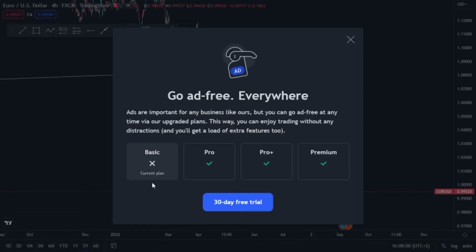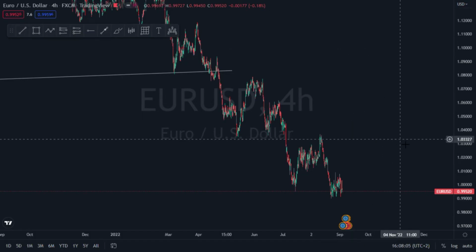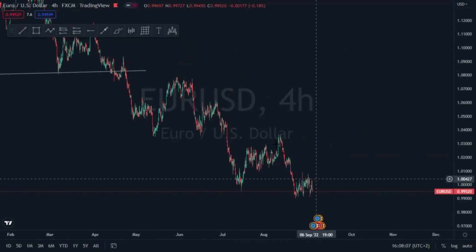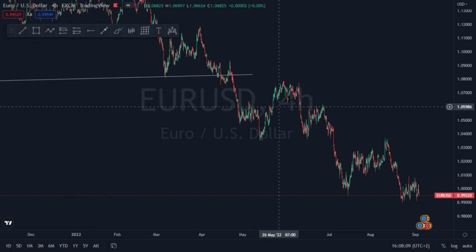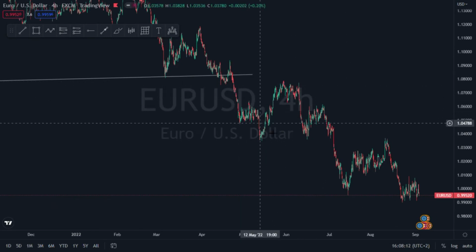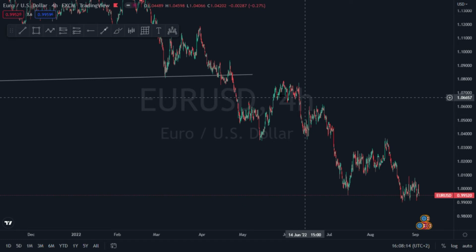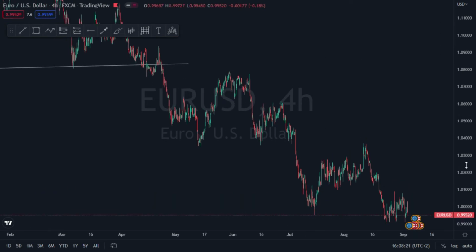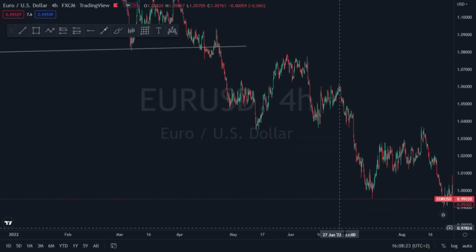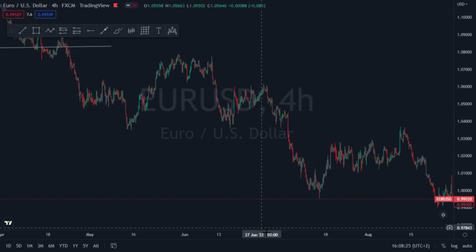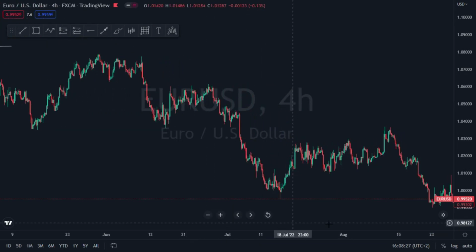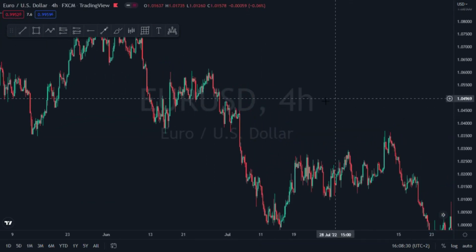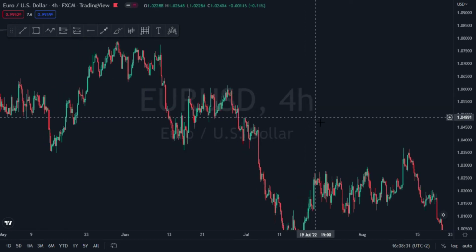Then we started seeing the market being a little bit choppy right here, because for me there was no clear direction, no clear trend. But because we saw on the bigger time frame where the market has to go, we stick to our sales. We will be looking for sales only on this market.